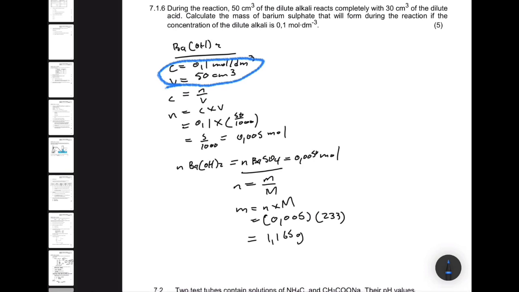So from there we find the number of moles of the alkali, and we use those moles to find the number of moles of the barium sulfate. And from the number of moles, we calculate the mass here. High school chemistry is basically finding the number of moles of one reactant and using it to find the number of moles of the other, and from there you'll find either the concentration or the mass.